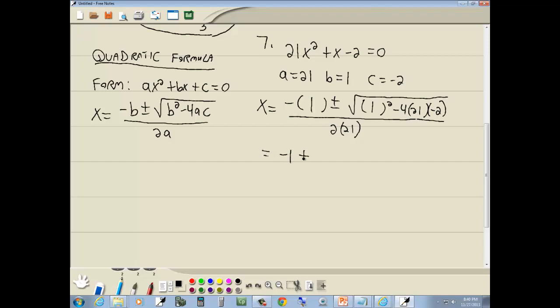So we got negative 1 plus or minus the square root of 1 squared, which is 1. Negative 4 times negative 2 is positive 8, times 21 is 168. All over 2 times 21, which gives us 42.